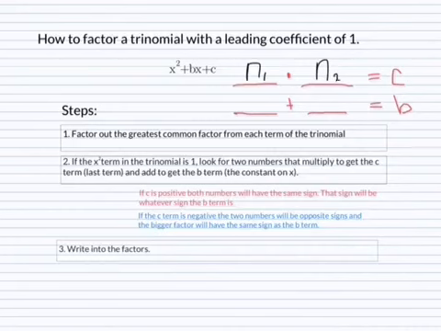We will just write x plus the first number, x plus the second number. Okay, and if your number is a negative, instead of a plus, you would just write a minus. So let's try a couple examples and see how it goes.